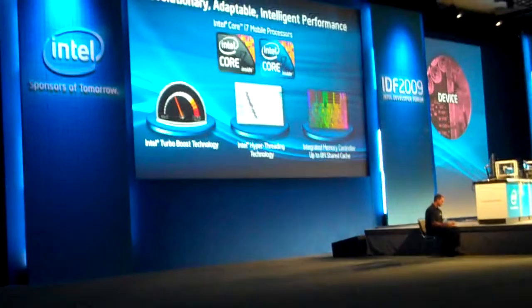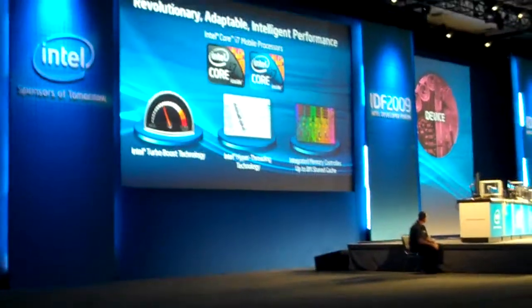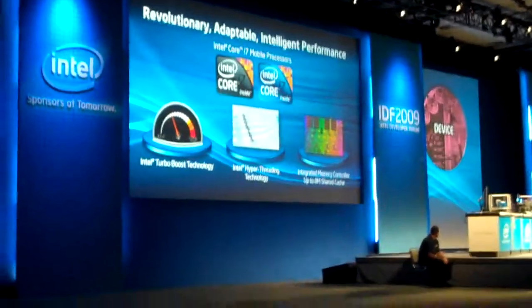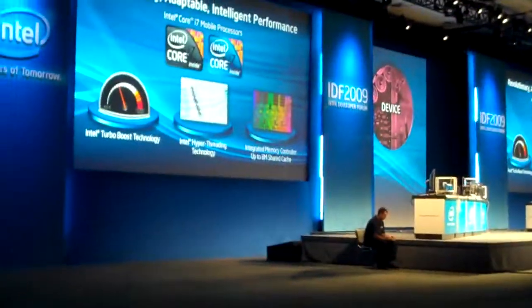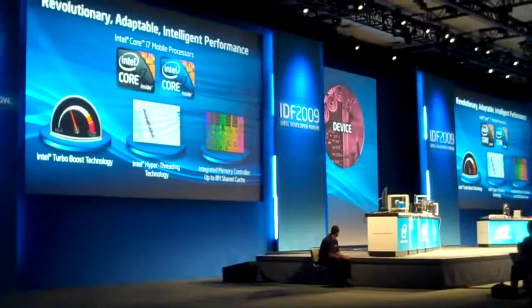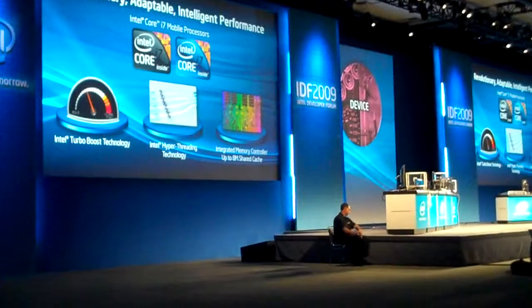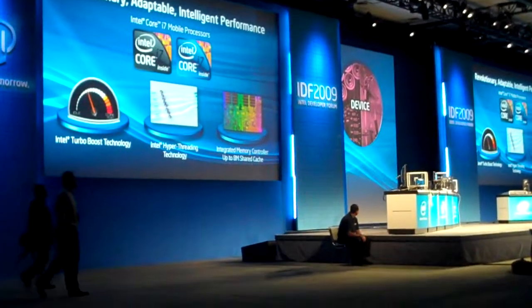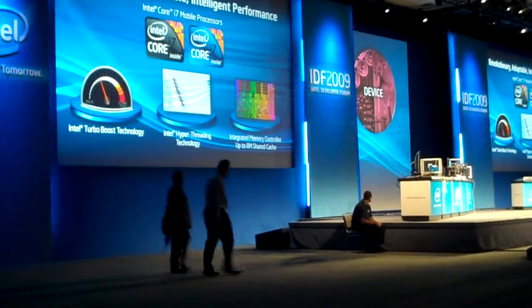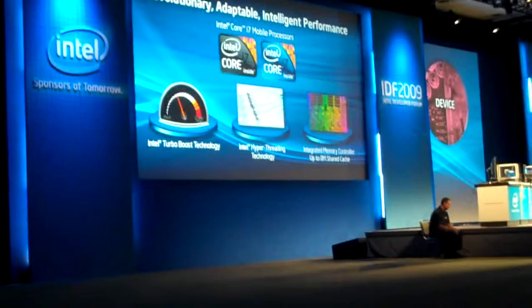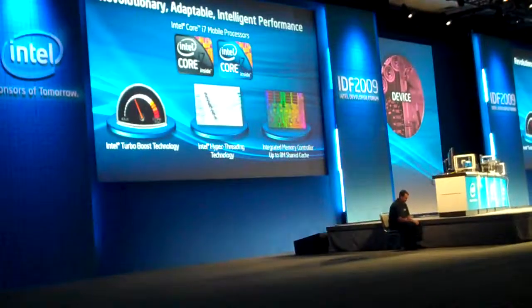Hyper-threading technology, in order to be more power efficient: rather than doing one thread at a time, each one of the cores can run 2 threads in parallel, get a much better efficiency, and utilize all the resources. So now in this class we've got 4 cores and 8 threads. An integrated memory controller on top of the 8 meg cache, which is a smart cache, 8 meg level 3 cache with level 2 and level 1.